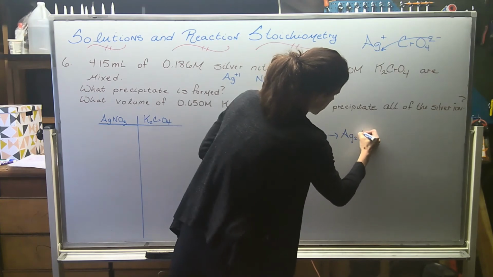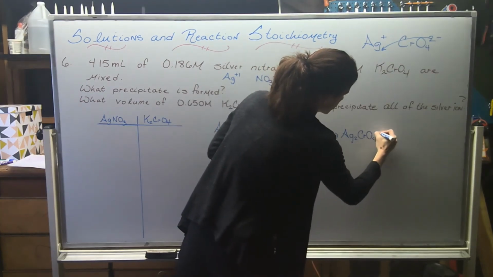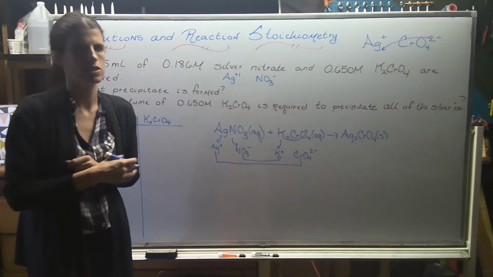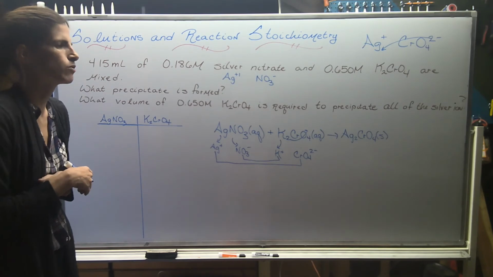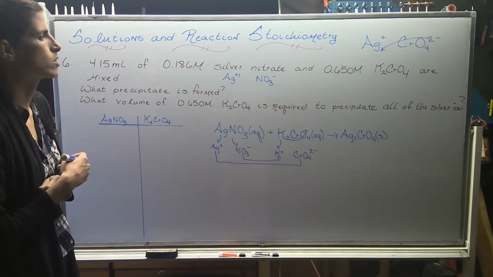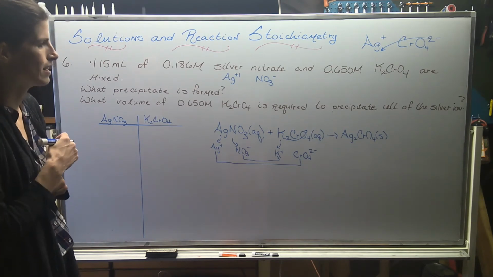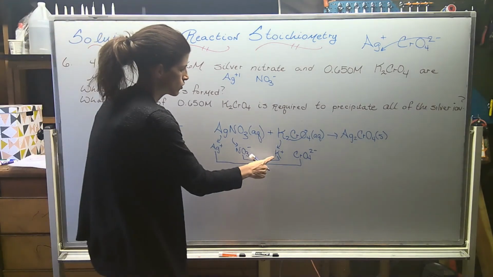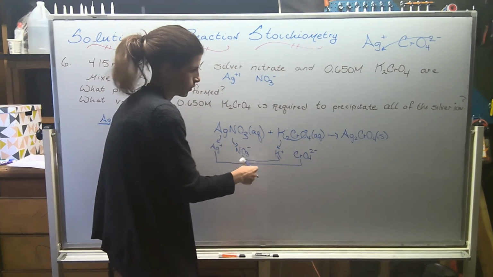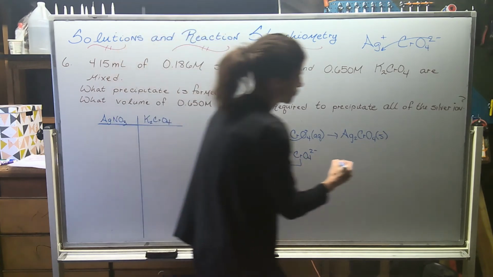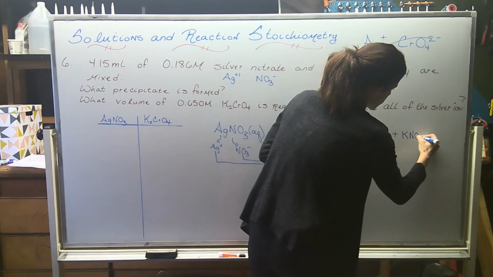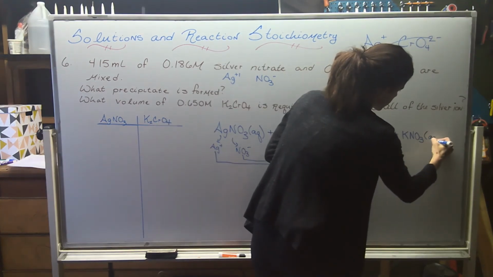Typically compounds containing silver are solid, with nitrates and acetates being some of the few exceptions, but about 95% of the time, anything with a silver will form a precipitate. So I'm going to label that as my solid. And then my other 2 ions, potassium and nitrate, those are always aqueous. And they're 1-to-1. I just have to reorder them. So the cation is first. So I'll do KNO3 and put that as aqueous.